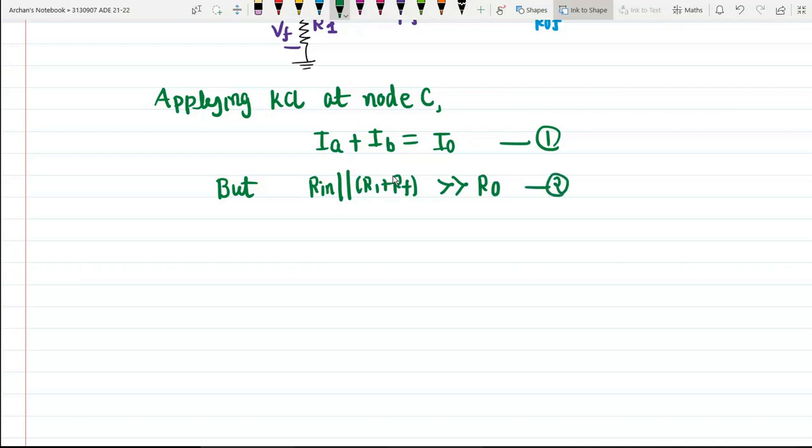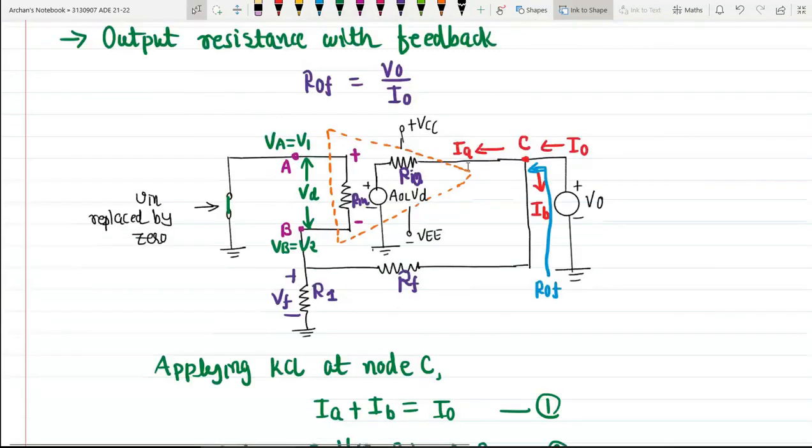This is because Rin is very high and R0 is very low, and hence the resistance offered to the current IB is very high compared to the resistance offered to the current IA.